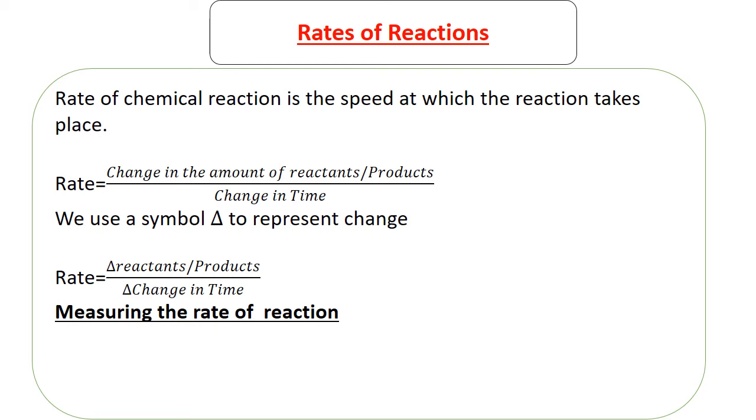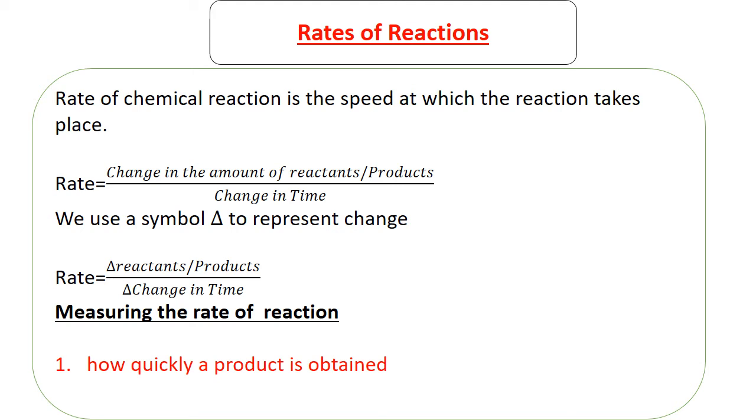Now we go to measuring the rate of reaction. How do we measure the rate of reaction? We can measure the rate of reaction by observing or measuring how quickly a product is obtained, how fast a product is obtained. When we get reactants, there is no product, but when they start reacting, there will be a product.